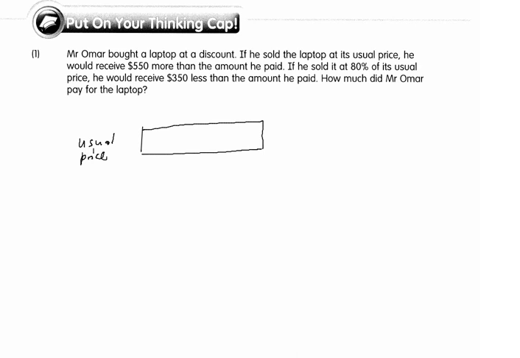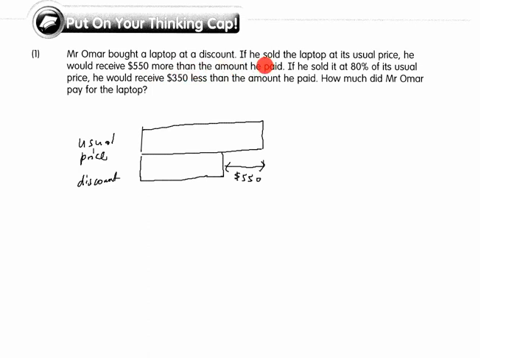Now, during the discount, he will pay $550 lesser, right? Okay, let's revisit the question. He bought a laptop at a discount. If he sold the laptop at the usual price, okay, he would receive $550 more than the amount he paid.